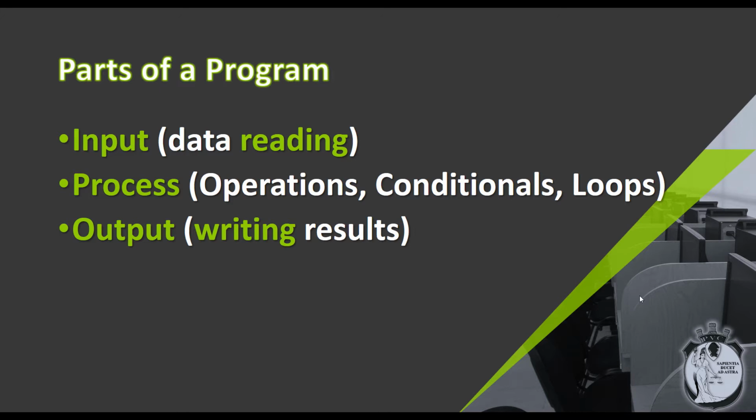It is the data that the program reads or the data that the user types. The second one is the process. The process can be operations, conditionals, loops, etc. It depends on the program. And the output. What is the output? The output is the information of the data that you are writing as a result.